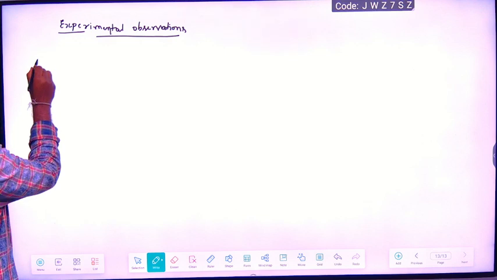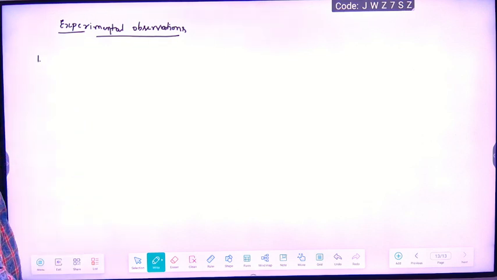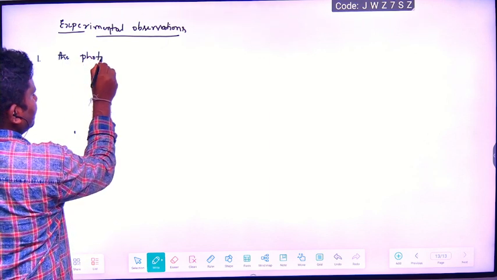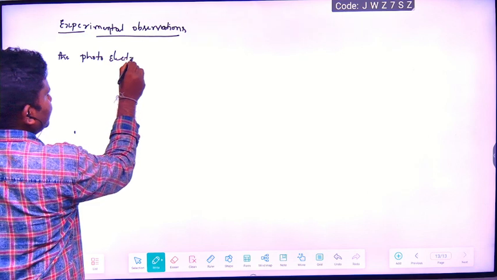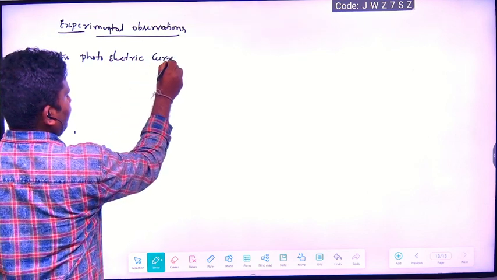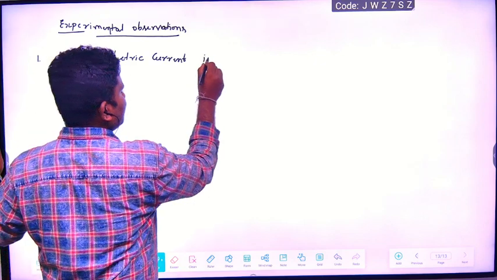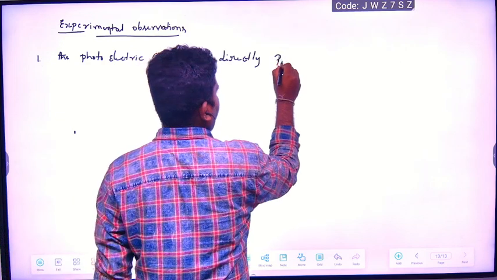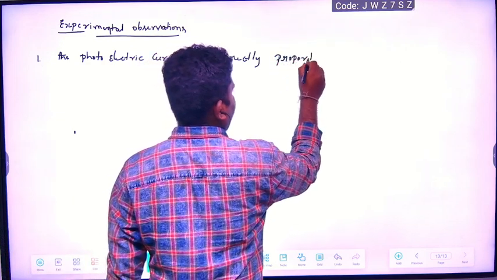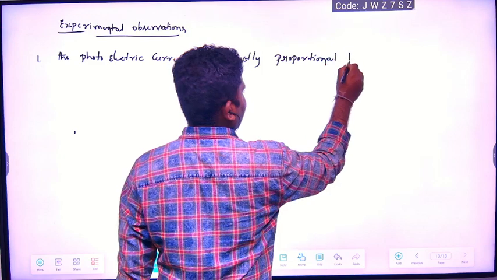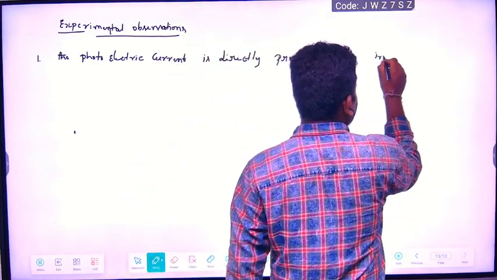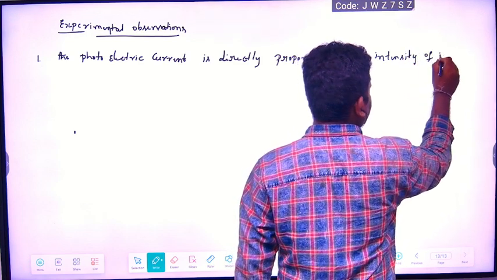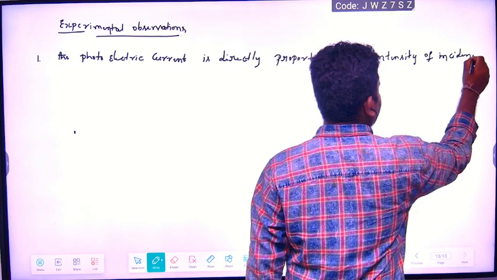Number 1: the photoelectric current is directly proportional to the intensity of the incident light ray. Intensity means brightness.